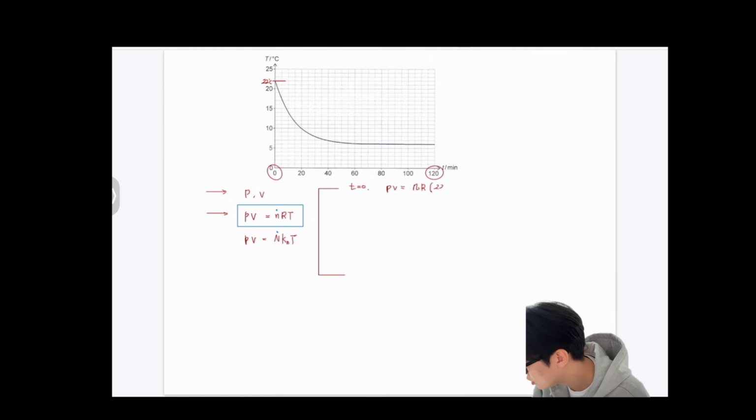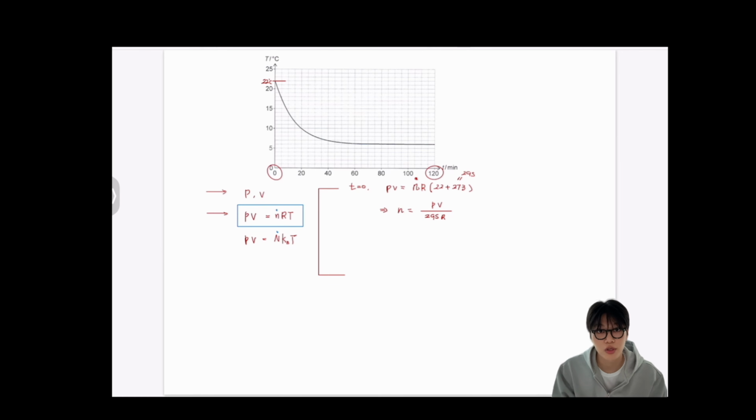So that has to be 22 plus 273, which goes to 295. Because the information for n is important, I will rearrange this equation in terms of n. So n equals PV over 295R. That's the initial number of molecules.